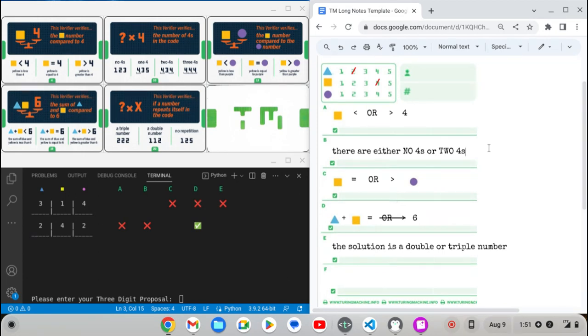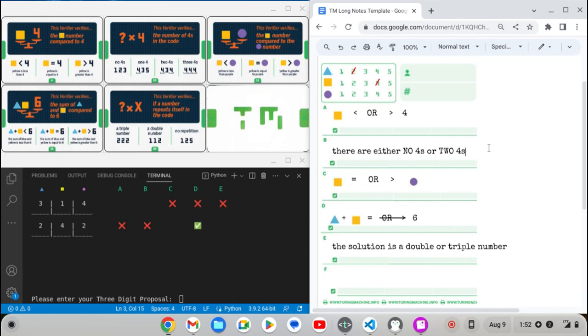If square and circle were to be equal, I just don't think that could be true, because there's nothing that really is constraining triangle to be one or the other.